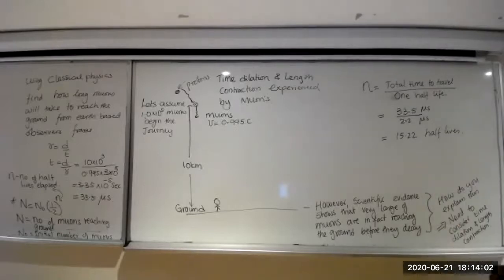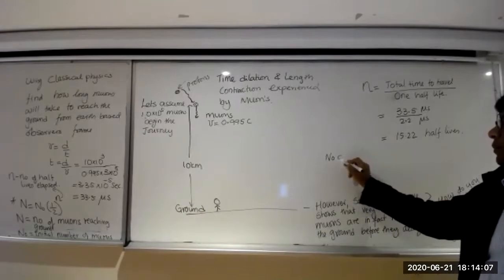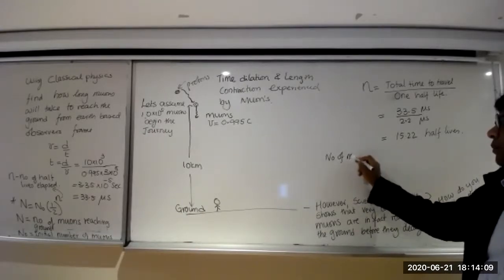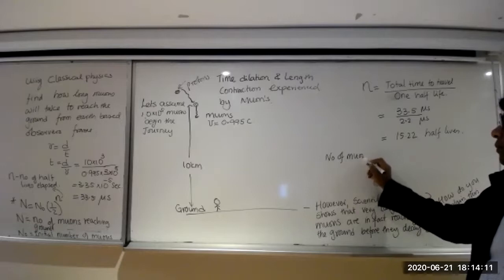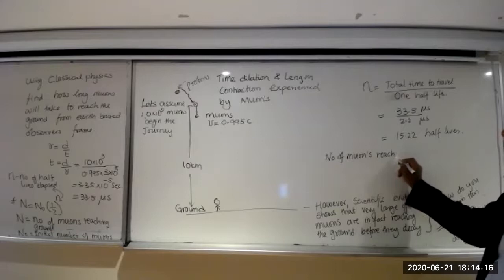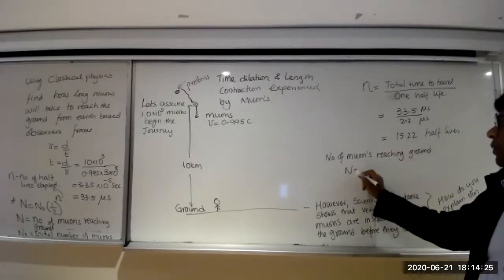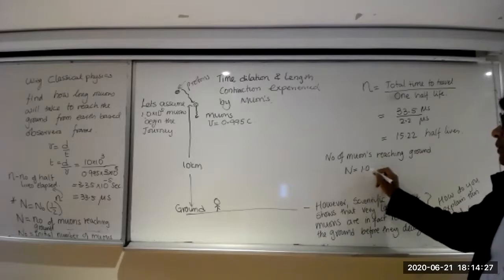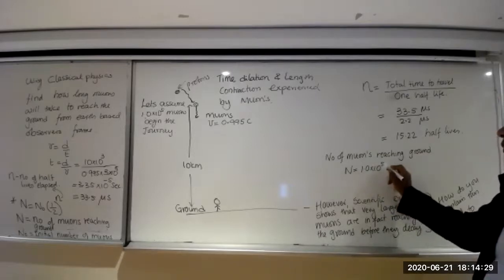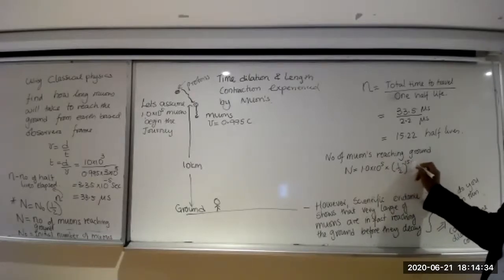So the number of muons reaching the ground is 100,000 times half to the power 15.22.